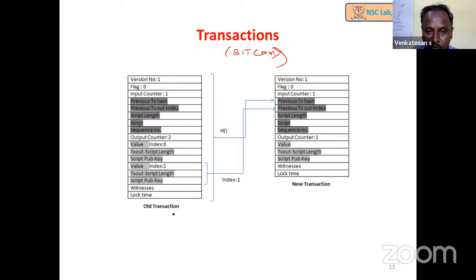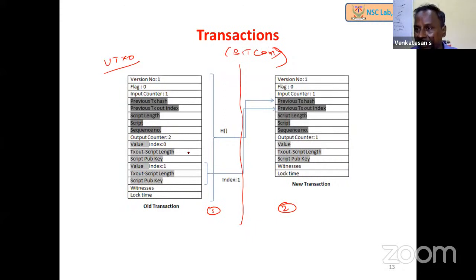Now, this is the old transaction. As of now, let's say this part is not there. We consider this is part 1 and part 2. Now, part 1 is not yet created. So we consider that part 1 is part of the UTXO, that is unspent transaction output. So this can be spent by the respective owner.